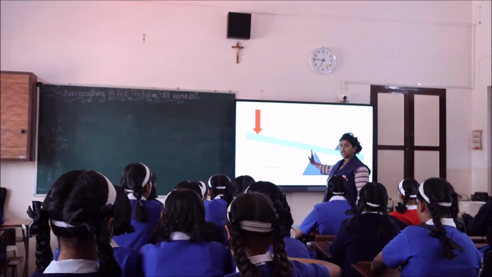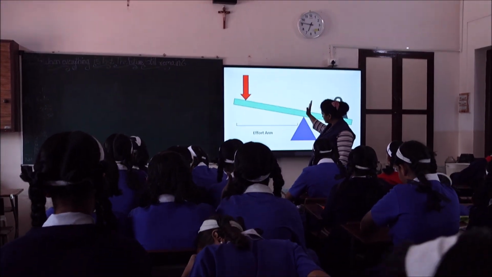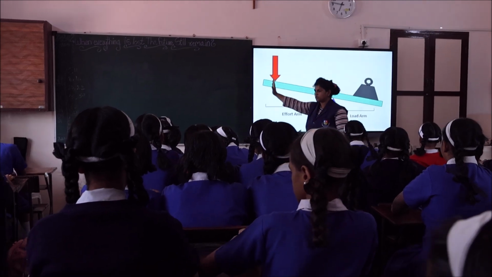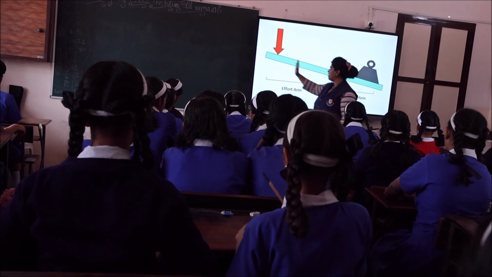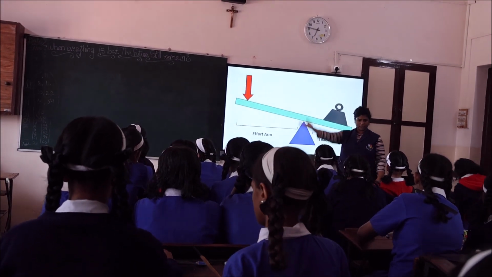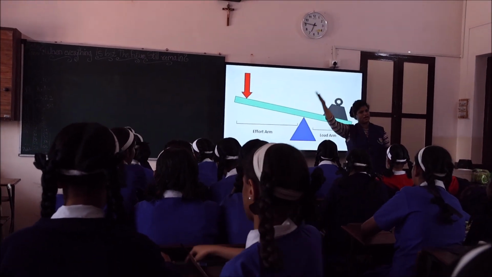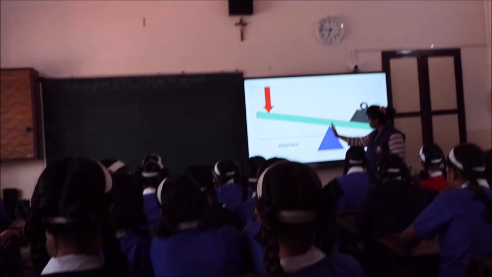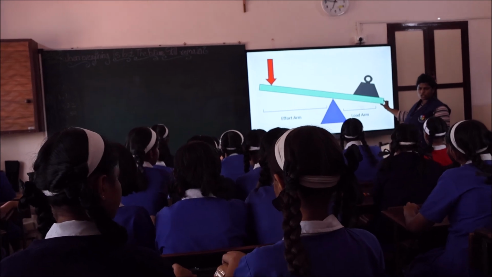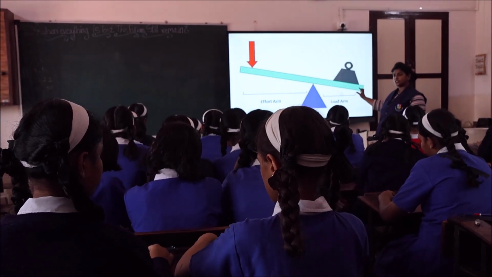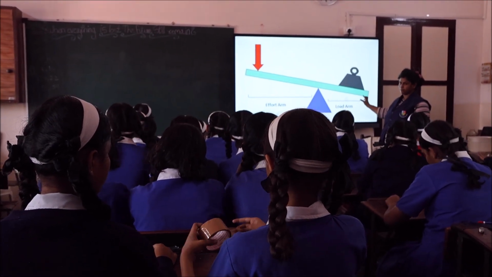Now, the part from the fulcrum to where the effort is applied is called the effort arm. Easy to understand? The part from the fulcrum to where the load is kept is called the load arm.